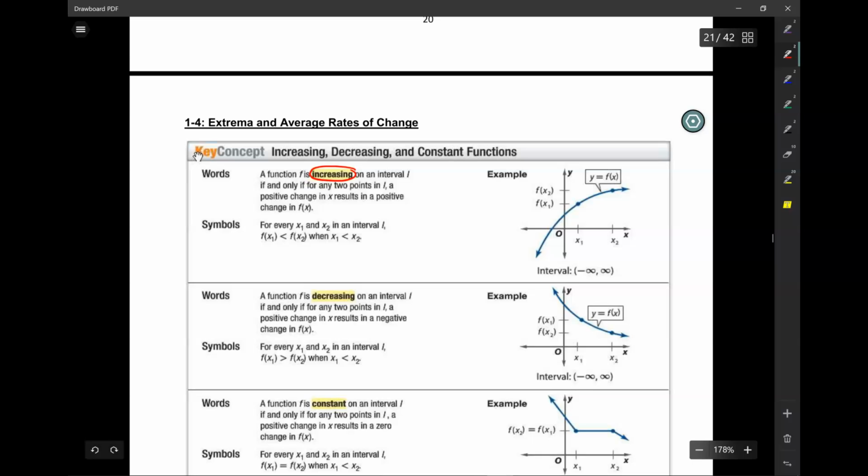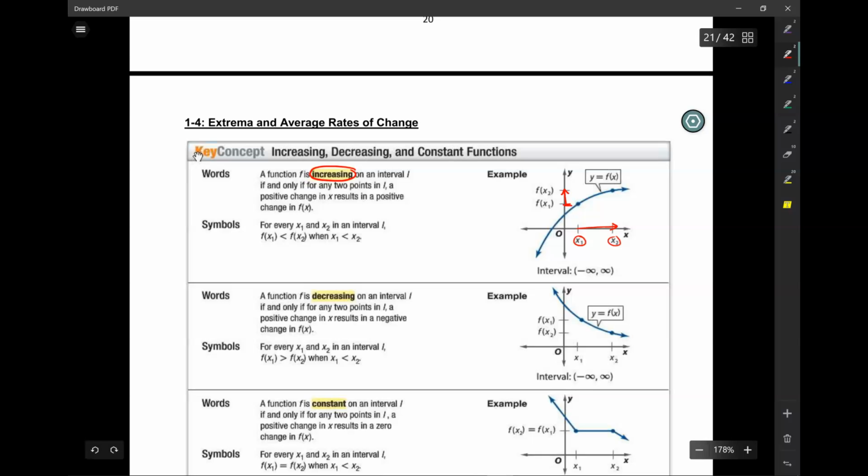Which means, if I go from x1 to x2, I go in the positive direction, and f of x1 goes in the positive direction to f of x2. So in going from one point to the other, the y value goes up or increases. That's an increasing function, okay?